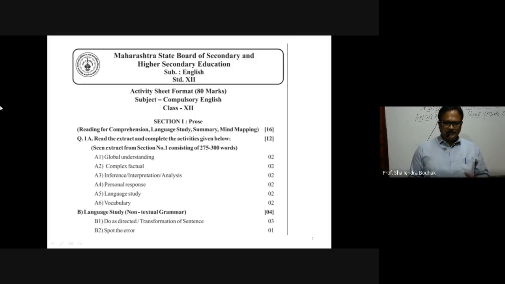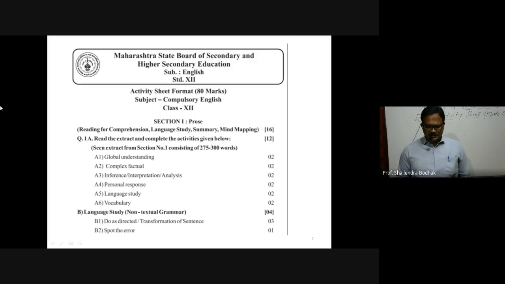The activity may be pick out the correct alternative, or they may ask you do as directed, or transformation of sentences. For example, articles, preposition, conjunction, or change the tense, direct, indirect. So these are the language study activities which will come.